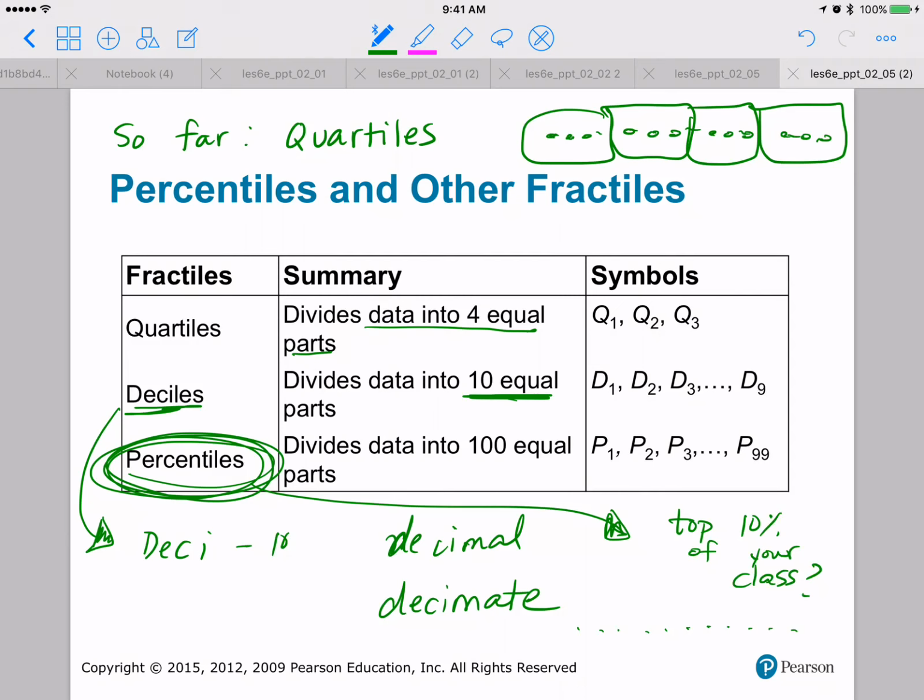And then top 10% means that your GPA is better than 90% of them. So 90% of the students have GPAs lower than yours. That means you're in the top 10%, right? You could say, are you in the top 1%? That means your score is higher than 99% of the other people, okay?